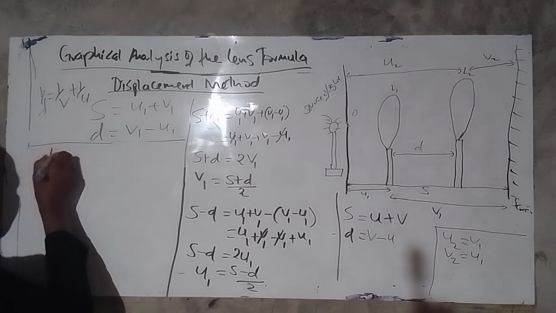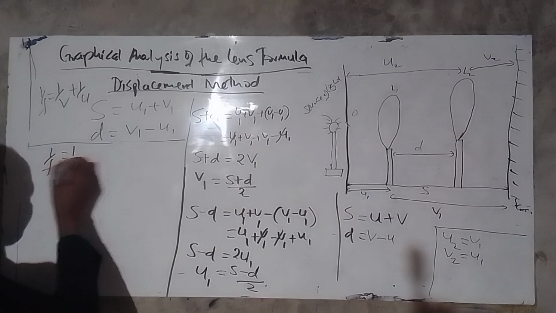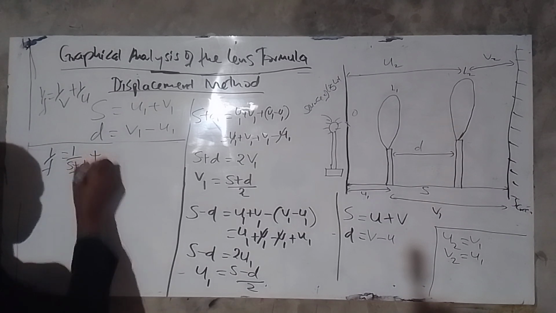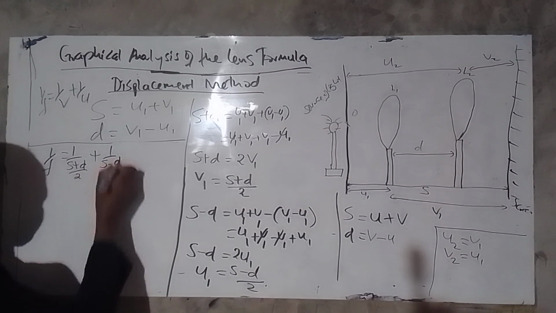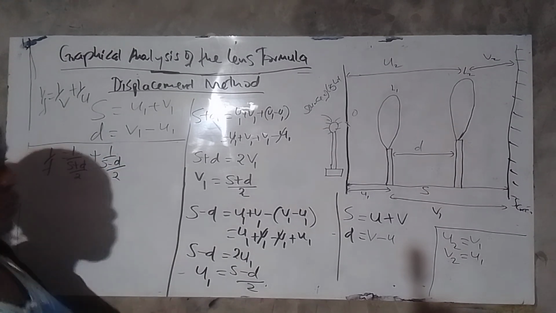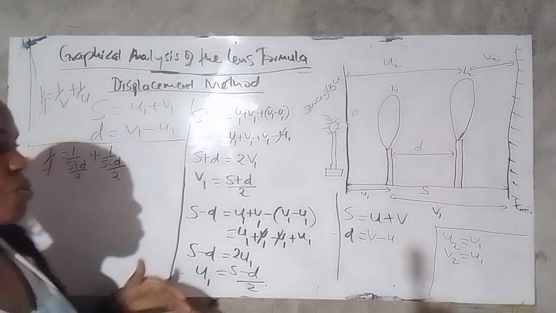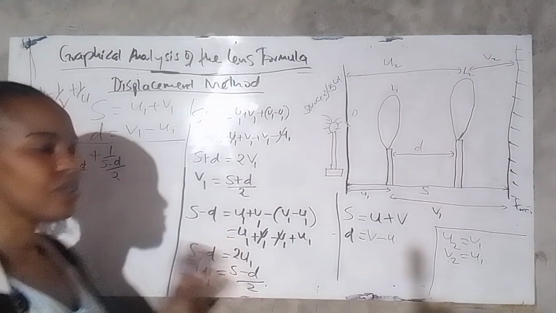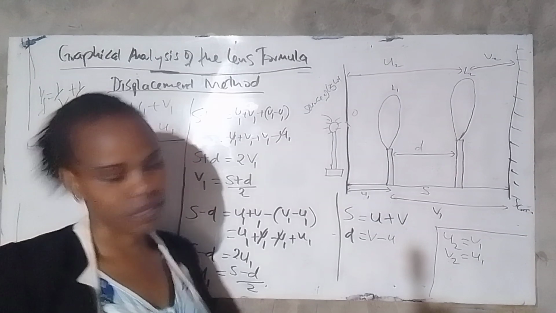So 1 over f is therefore equal to 1 over V1, which is S plus D over 2, plus 1 over U1. What is U1? S minus D over 2. Whether you use U1 and V1 or V2 and U2, the results will be the same. So I leave you that for your own practice.